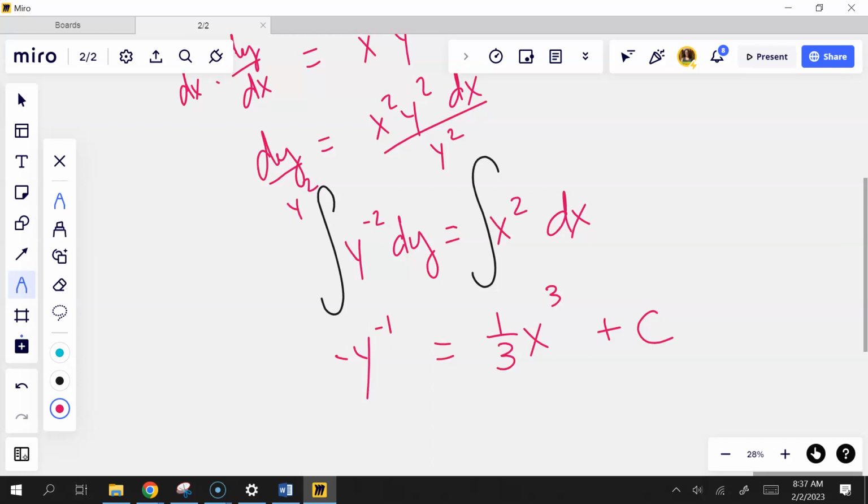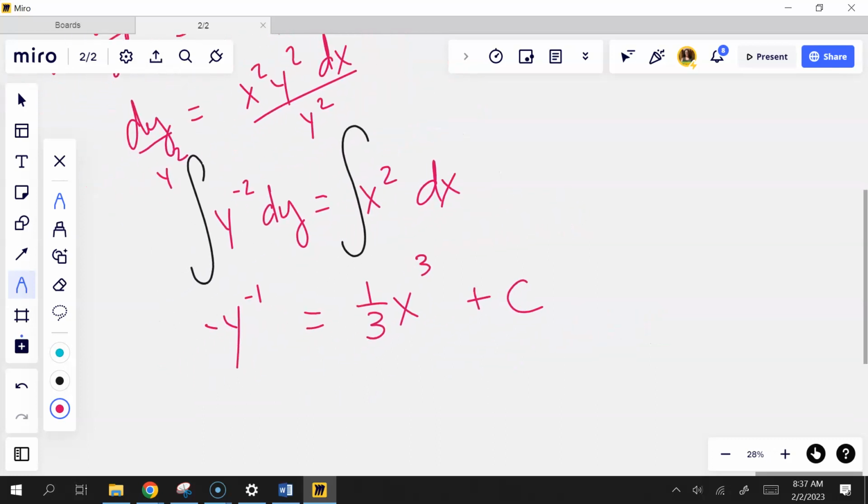Now I could go through and solve this for y, but normally these are going to be initial condition problems. So they'll say solve for y when, this one is when y equals 1 and x equals 1. So now what do we do? Plug it in and solve for c.